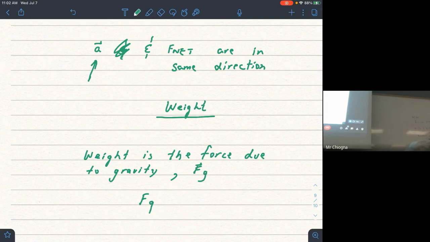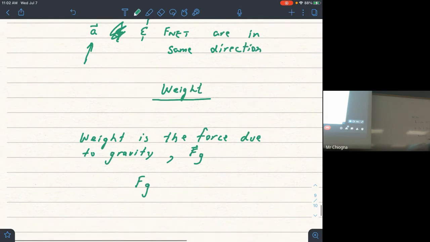So I'm just writing down the magnitude. We know it's always downwards. Fg always acts downwards towards the center of the Earth.